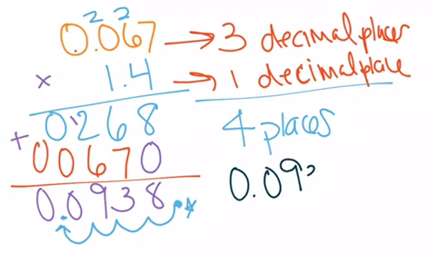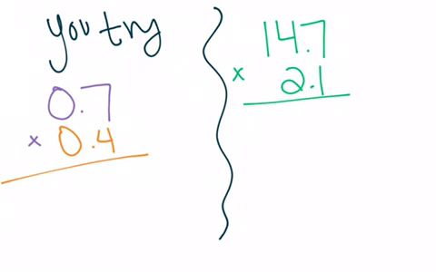There are, let's double check, 1, 2, 3, 4 decimal places in my answer because there were 1, 2, 3, 4 decimal places in my problem. All right, these last two problems, I'm going to have you pause the video, try on your own. When you're ready to check your answer, hit play, and we'll see if you got this bad boy down.